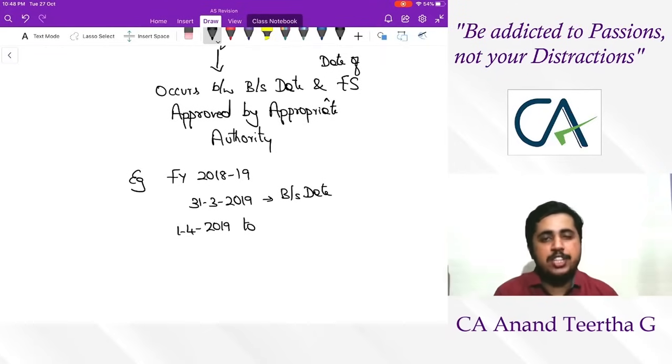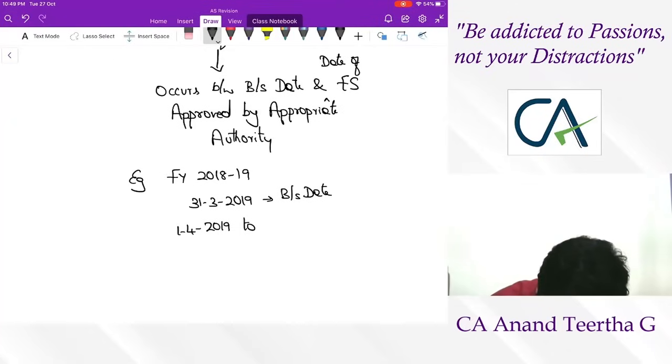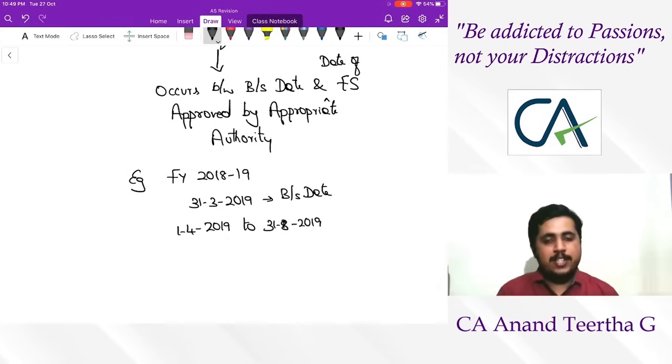So the day on which the directors are going to approve their financial statements is the date covered here. Let's assume that approval is done on 31/8/2019, which means any event occurring between 1st April 2019 and 31/8/2019 will be covered by AS4. Anything before 1/4/2019, no, it's not covered by AS4. After 31/8/2019, again, no. Anything in between is the only thing considered.